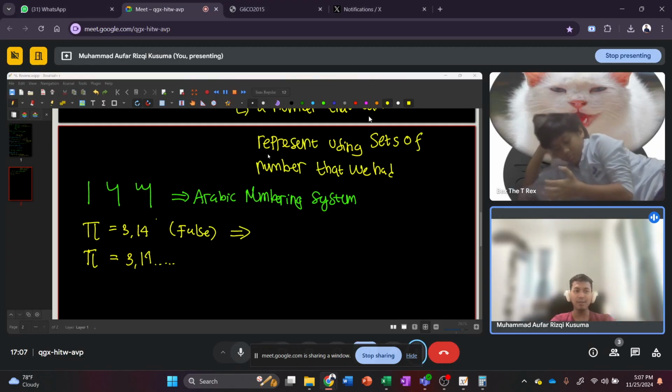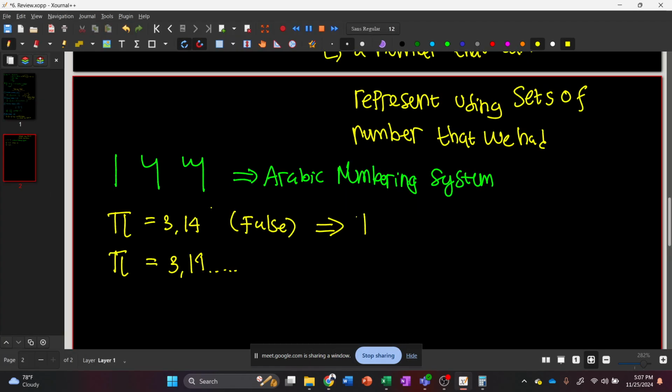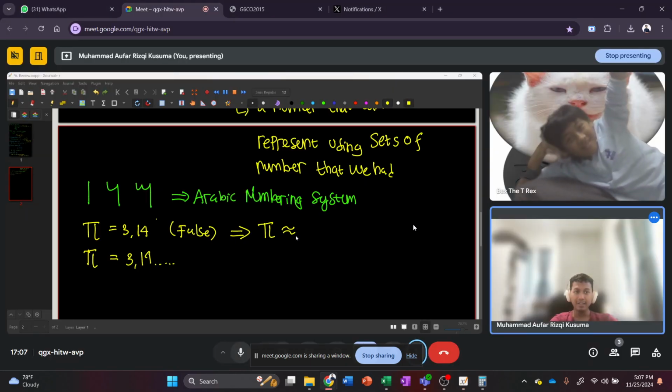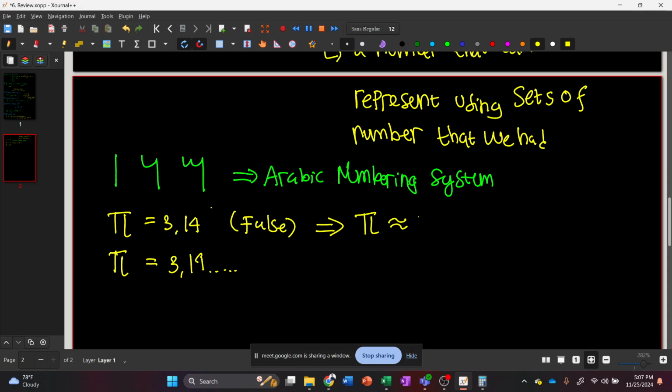Because pi cannot be represented with something exact, we use a number close to pi to make calculation easier. This is the symbol for approximation. So if you say pi is close to 3.14, this is true.